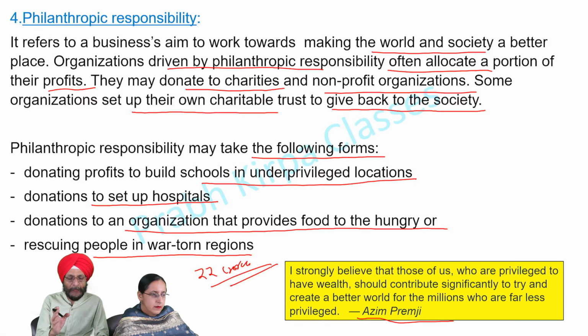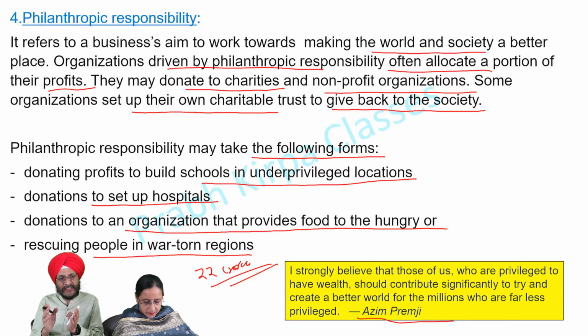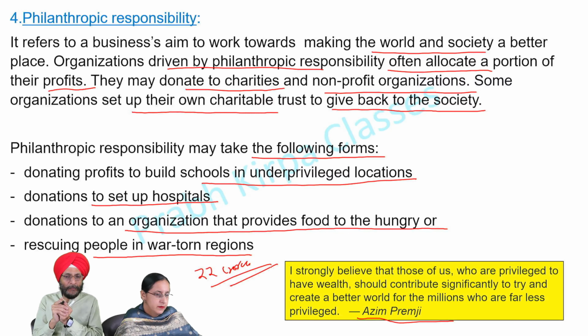If such philanthropic activities were not carried out by persons like them, the poverty level or the position of the poor people may have been more pitiable than it is today.